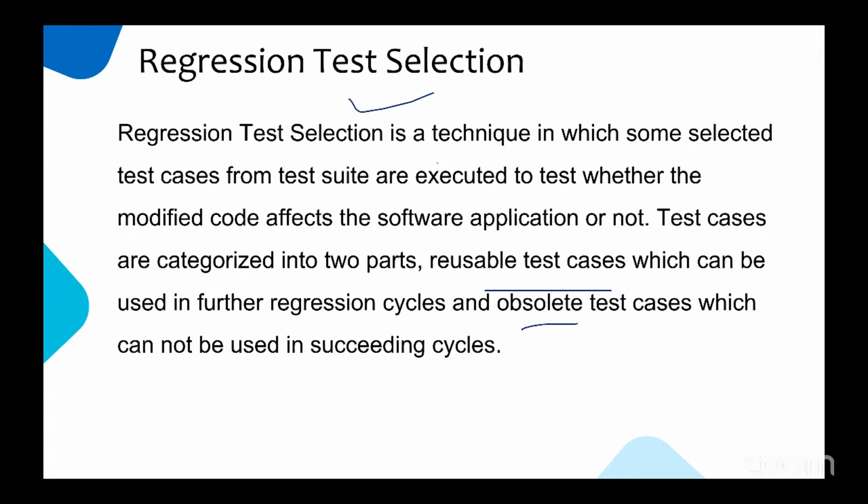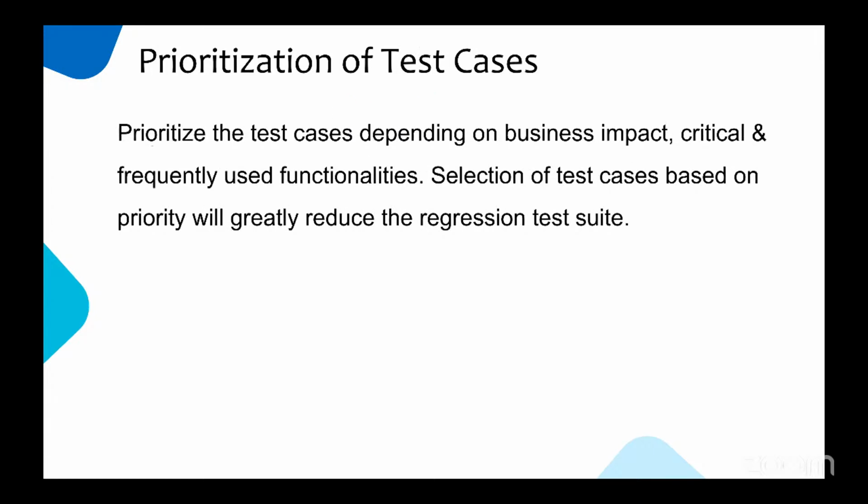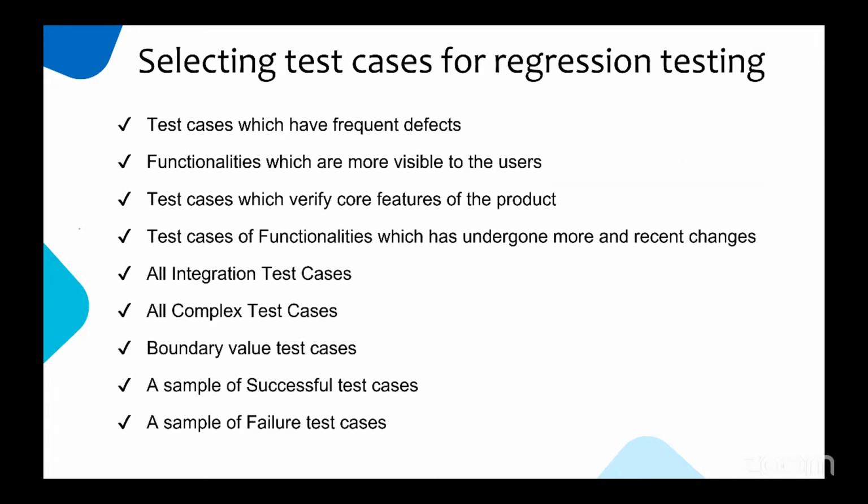It's an interview question: tell me the factors you will use to decide regression test selection and prioritizing. According to business impact, critical or frequently used functionality, this we will use, and this is the answer you have to tell. Test cases having more defects, which are more visible to the user.